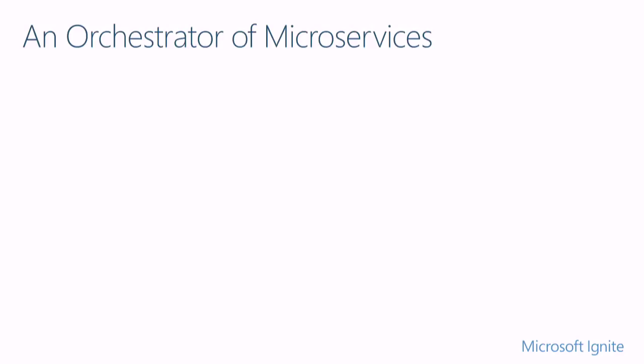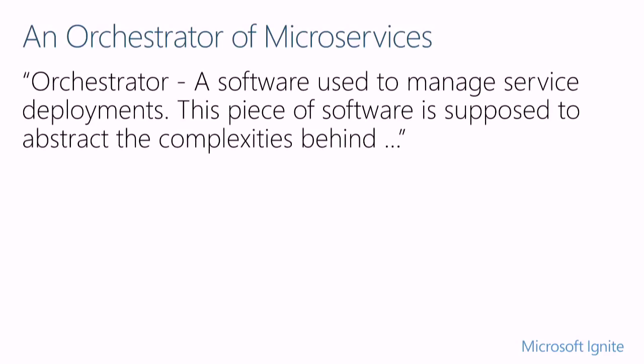Would you like to talk us through how Service Fabric would act as an orchestrator of microservices now? Sure. One of the key responsibilities of Service Fabric as a platform is to orchestrate microservice deployment. Orchestration as a term is not new to microservices. We have been developing orchestrators as a component for decades. So how do you define an orchestrator as a piece of software?